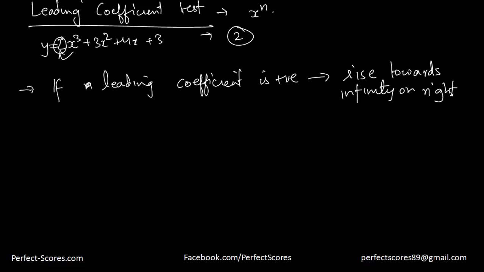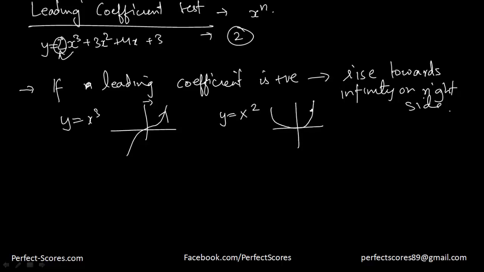For example, if I say y is equal to x cubed, how does it look? As you can see, on the right hand side the graph is rising to infinity. Let's say y is equal to x squared. It looks like this. Again, the graph is rising on the right hand side towards infinity.